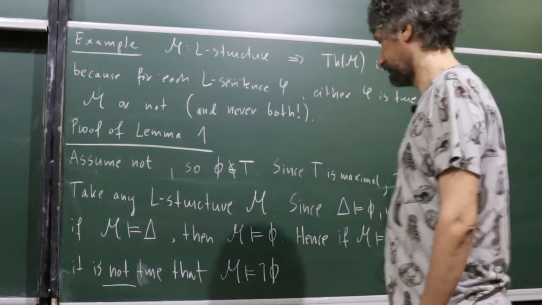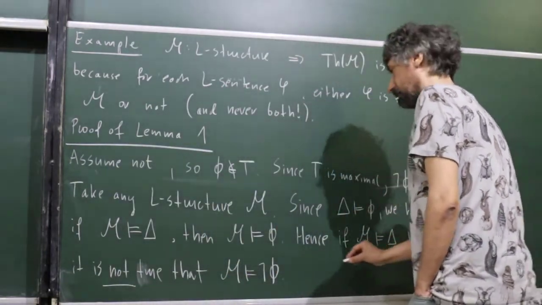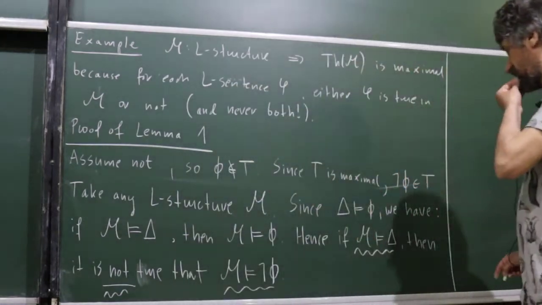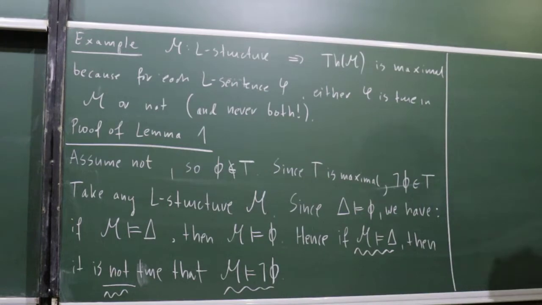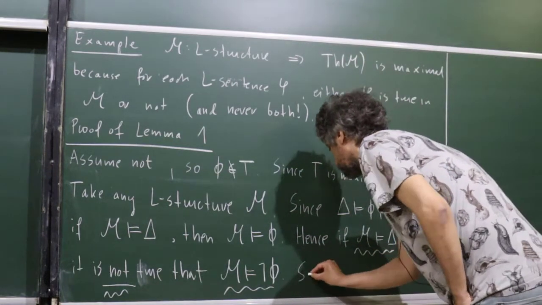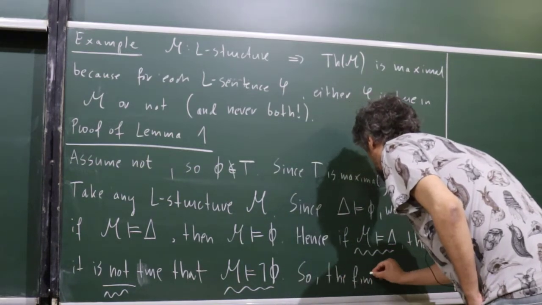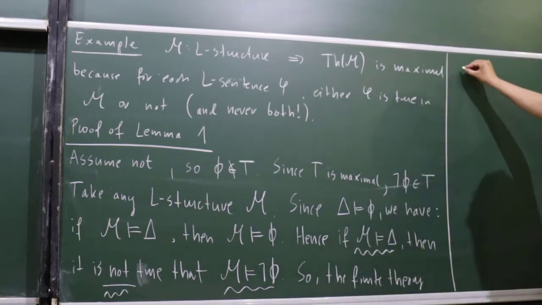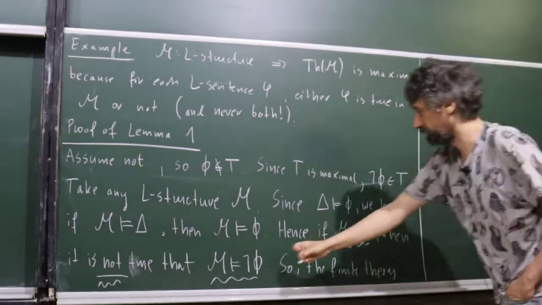So whenever this happens, this cannot happen. That means that together, delta and the negation of phi have no model. Yes, because for any structure, if this holds, then this cannot hold.